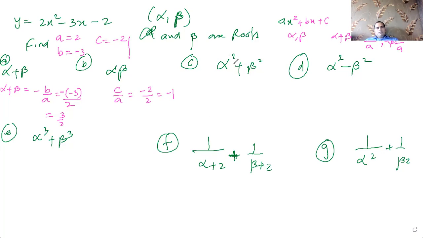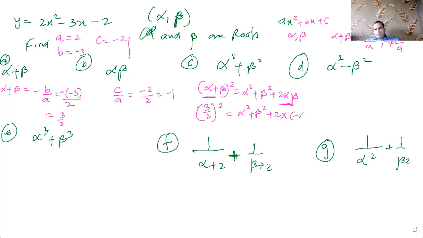Now the next part is to find the value of alpha squared plus beta squared. For this, we already have these values. Alpha plus beta, the whole squared, is alpha squared plus beta squared plus 2 alpha beta. So 3 over 2, the whole squared, equals alpha squared plus beta squared plus 2 times alpha beta, which is negative 1.